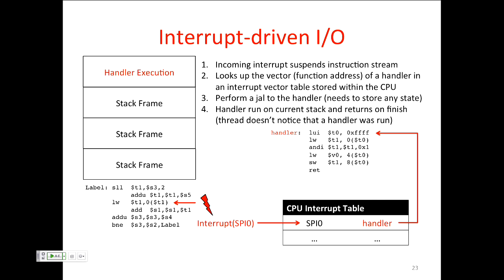And then that interrupt handler executes. For example, it puts that data that it just received into some memory locations that can be used later, or acts on it in some other way. And once it finishes, it goes back to the previous location in the program and just continues execution. So the important part here is that when you have an interrupt, the program that you're interrupting is actually not seeing it at all.